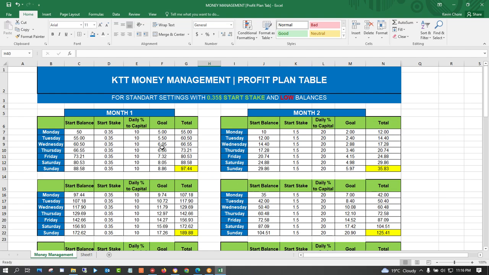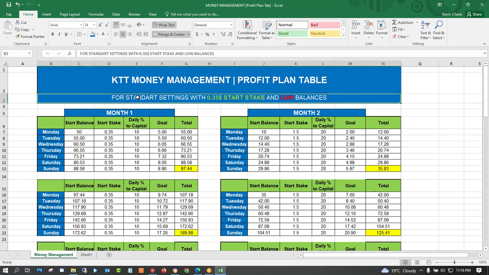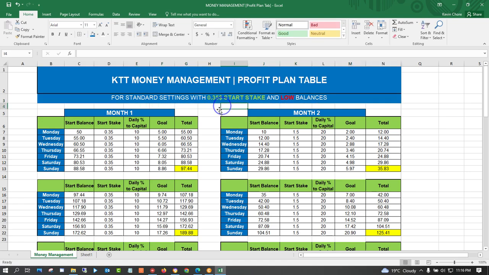So this is the best, and this is the standard setting when you're starting with $0.35 as a stake, and with low balances. With this one, you can even start with $10.